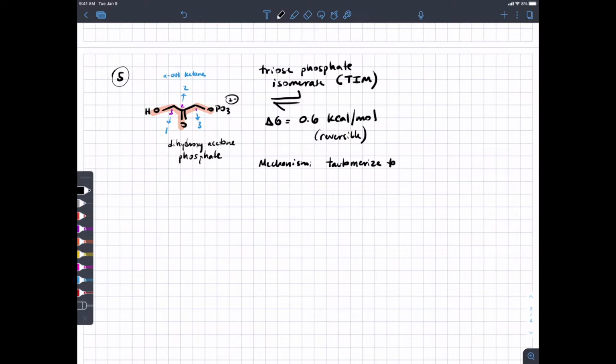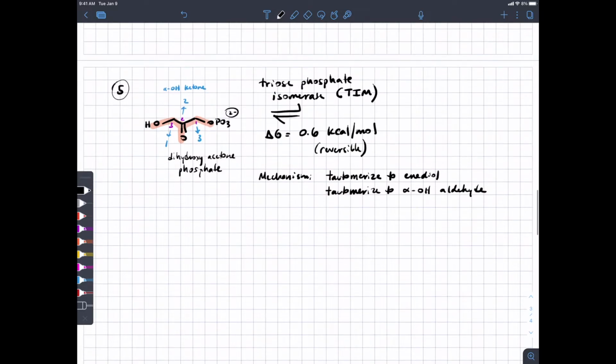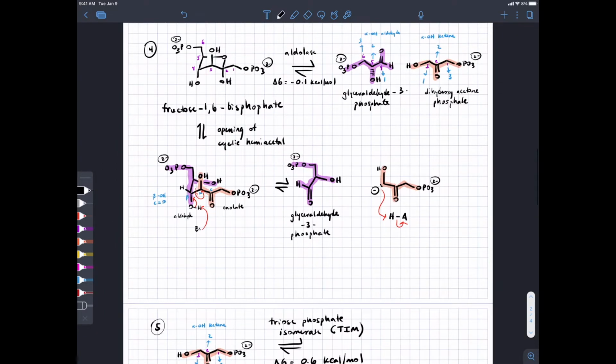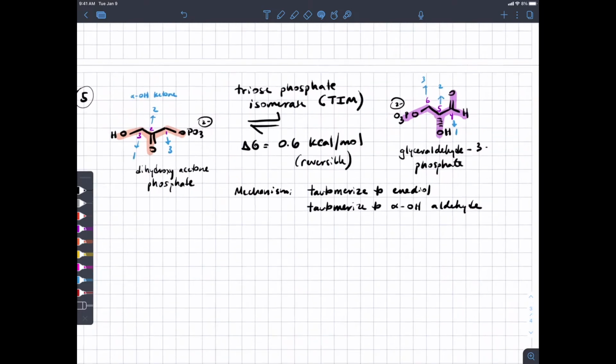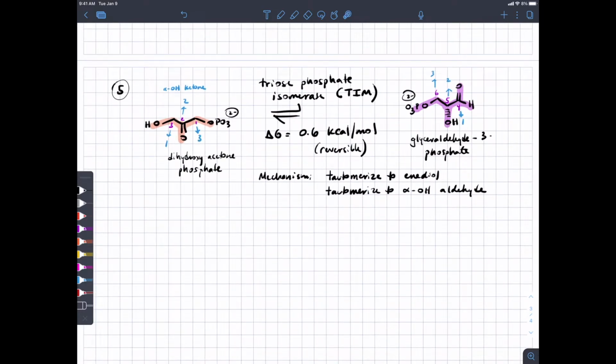In other words, you're going to tautomerize to the ene diol, and then once you get to the ene diol, you're going to tautomerize to the alpha hydroxyaldehyde. And in doing so, you will generate glyceraldehyde 3-phosphate. And this completes the investment phase of glycolysis. We are now to the point where glucose has been split into two equal molecules, two equivalents of glyceraldehyde 3-phosphate.